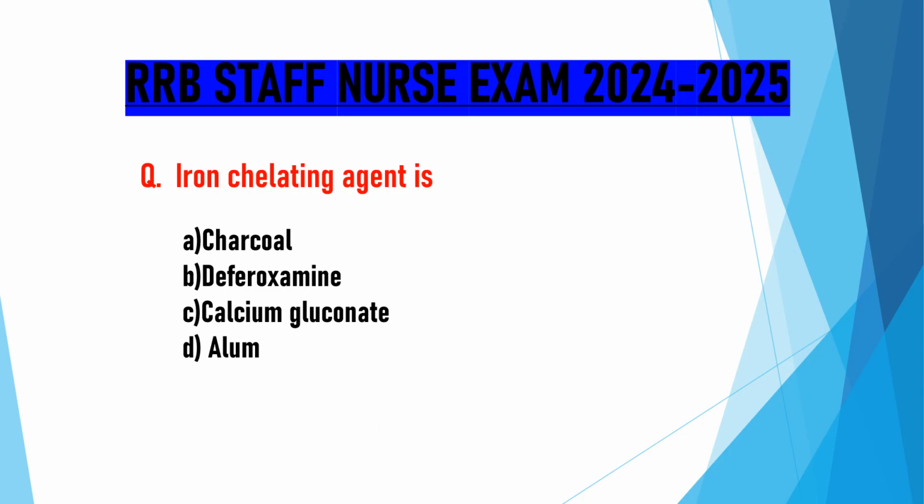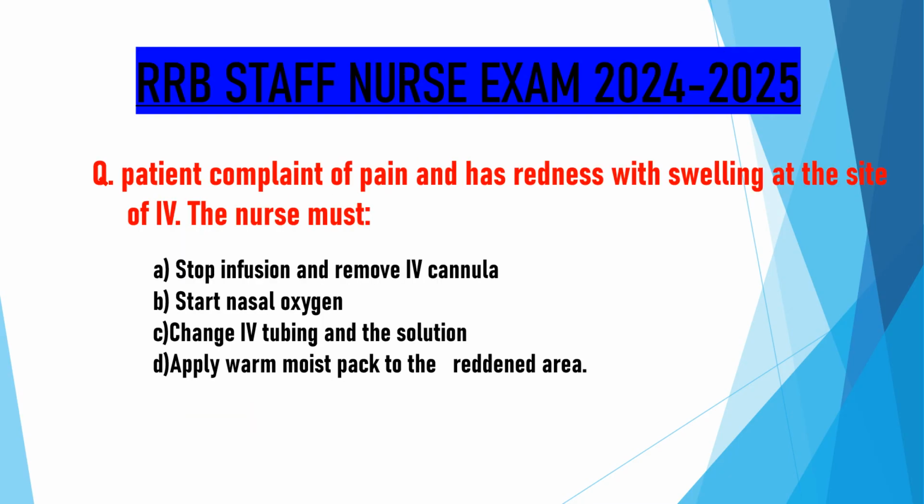Iron chelating agent is. Options are charcoal, deferoxamine, calcium gluconate, alum. So the answer is option B, deferoxamine. Patient complaint of pain and has redness with swelling at the site of IV.